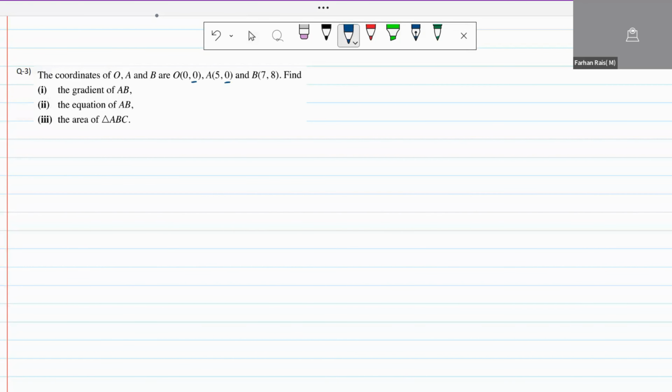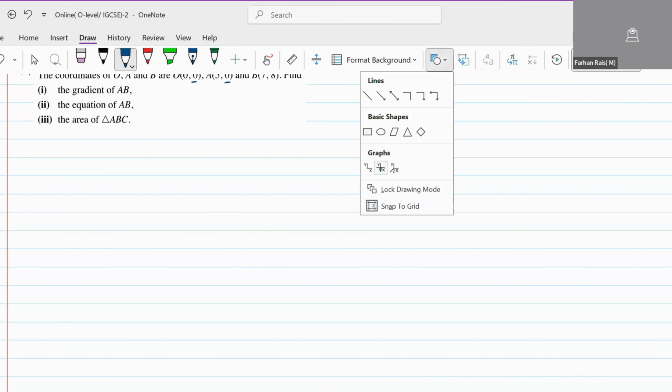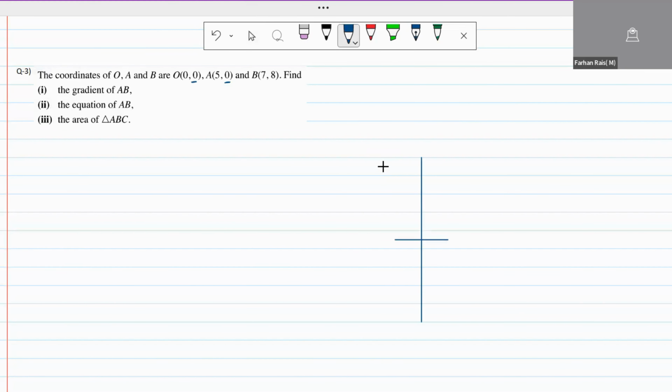So if I have to draw the rough sketch here, we have the first point as O, 0, 0. A is 5, 0, so A would be somewhere here, and B is 7 comma 8. So 7 comma 8 would be somewhere here.